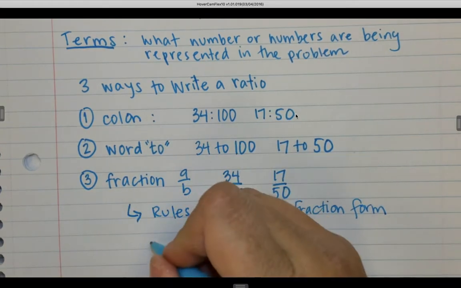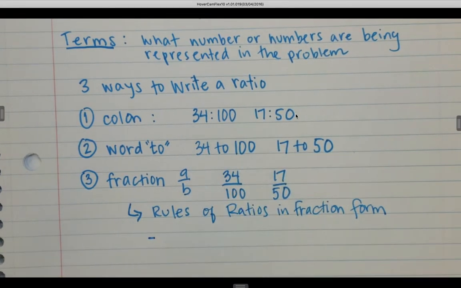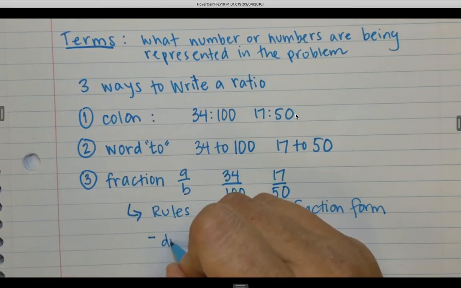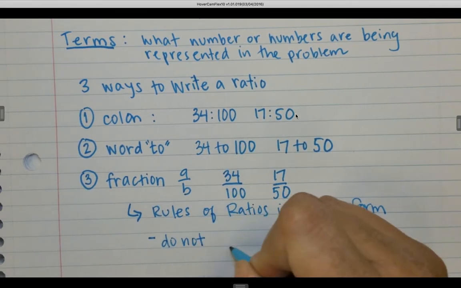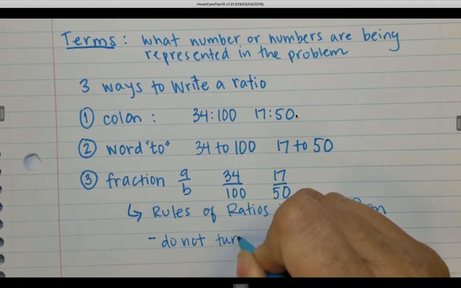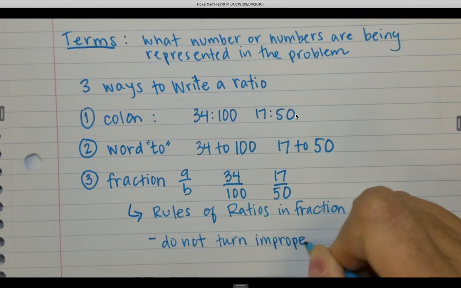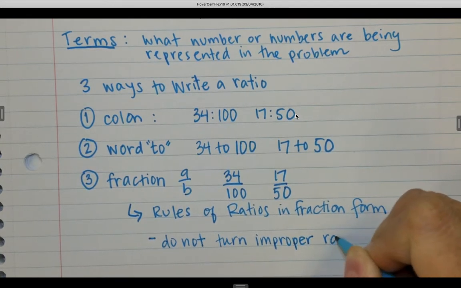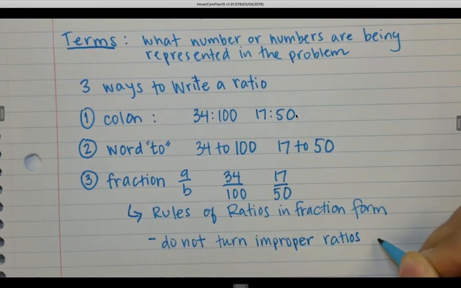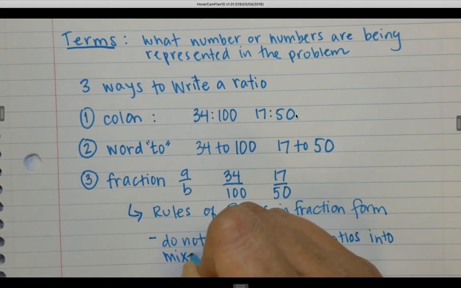The first rule of ratios in fraction form is that you do not turn improper ratios into mixed numbers.